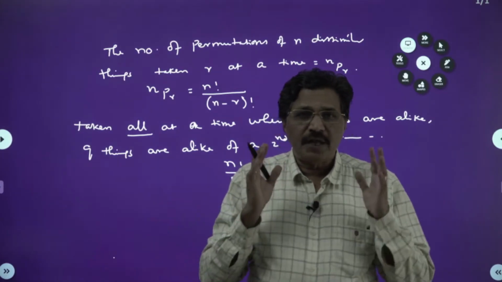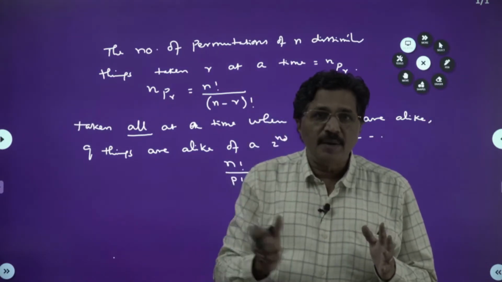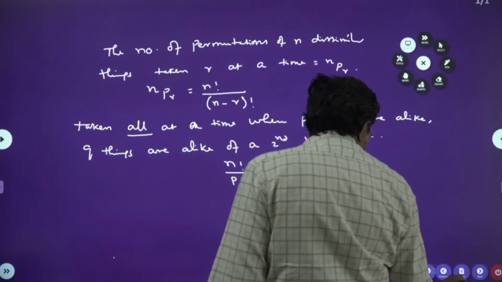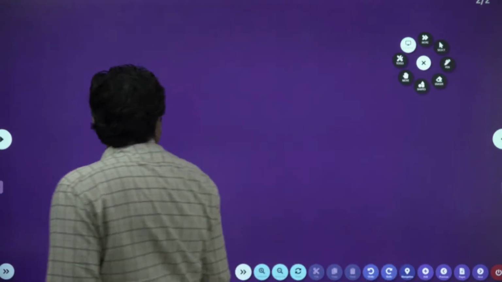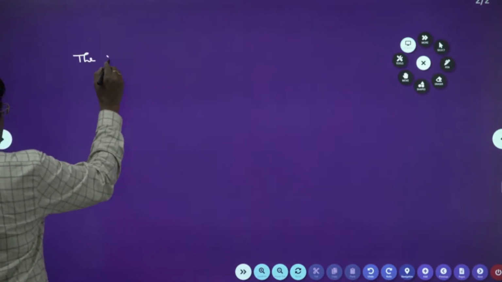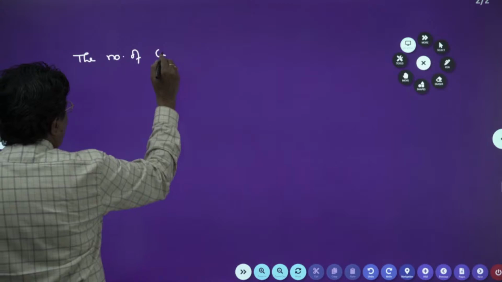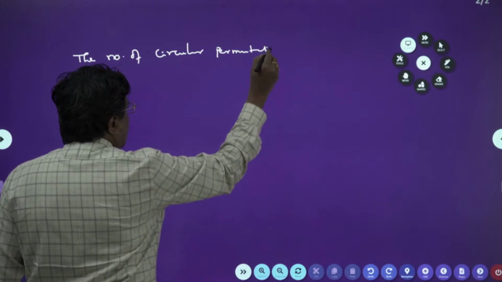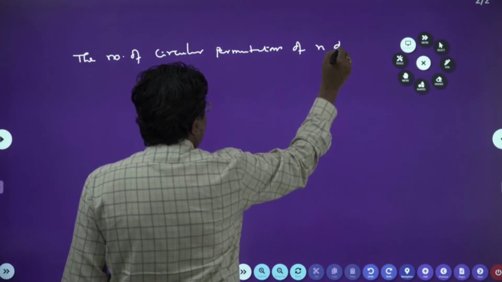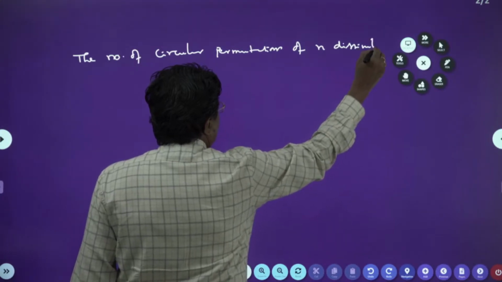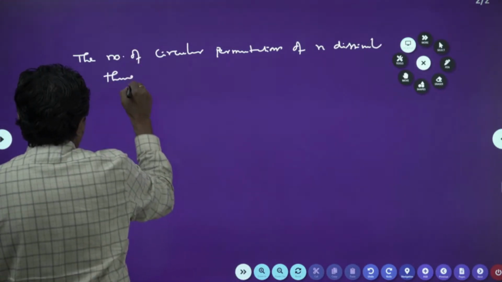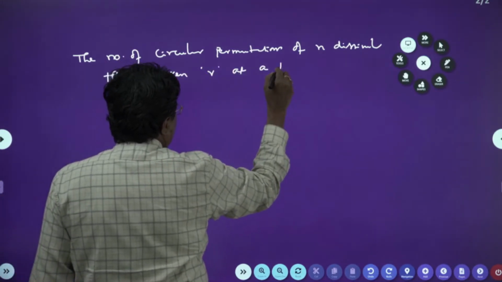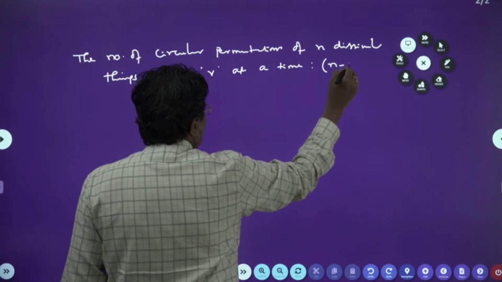Next, if suppose there are n different things and if you want to arrange them circularly, then that is n minus 1 factorial. So, the number of circular permutations of n dissimilar things is n minus 1 factorial.